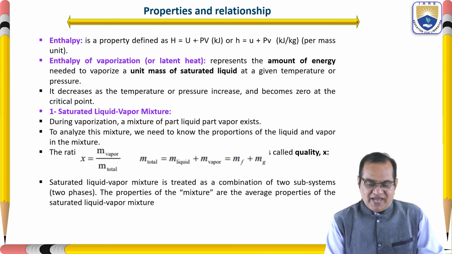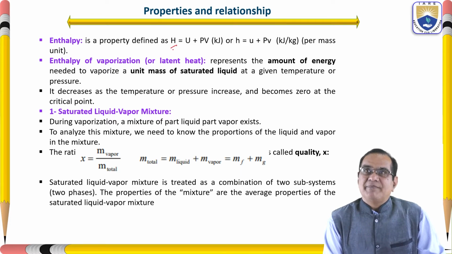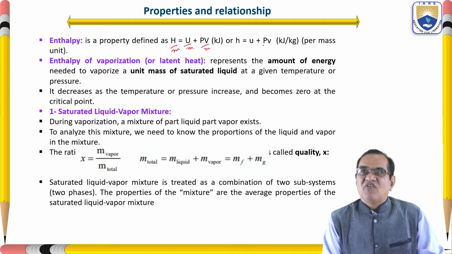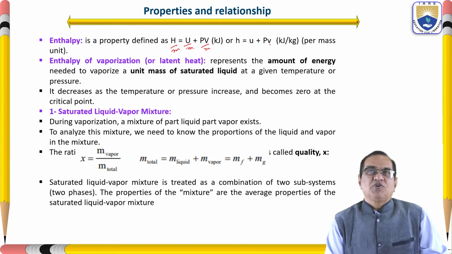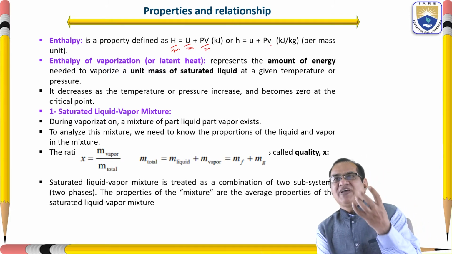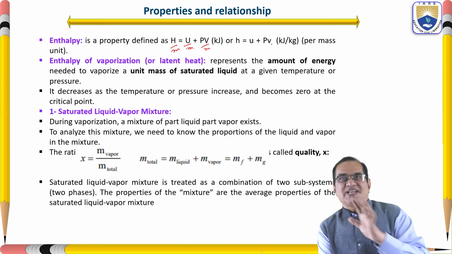If we divide by the mass, H by m, this becomes specific enthalpy equal to specific internal energy plus specific work done, kilojoule per kg. We should understand this unit, and remember that this is the specific volume here, not the total volume. So enthalpy is the summation of internal energy plus work done.